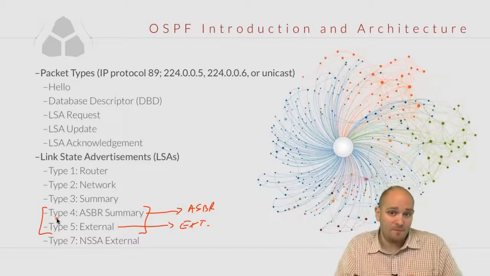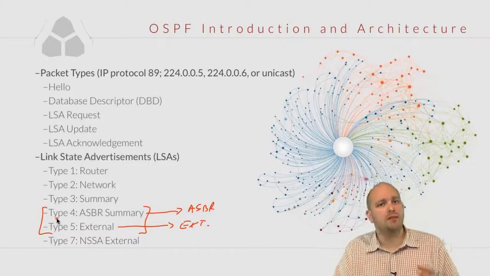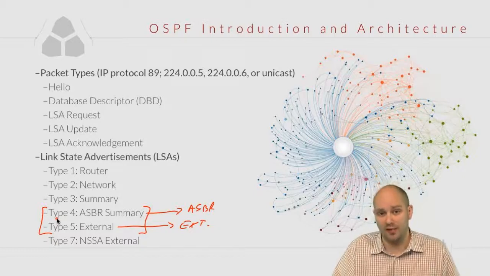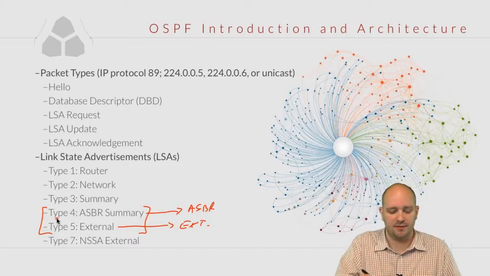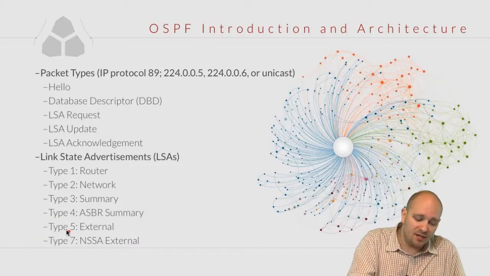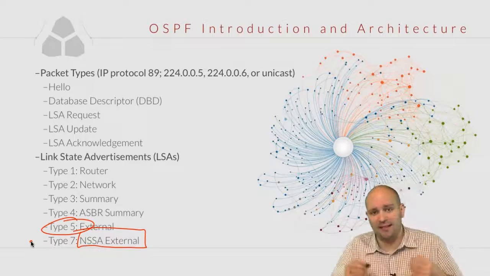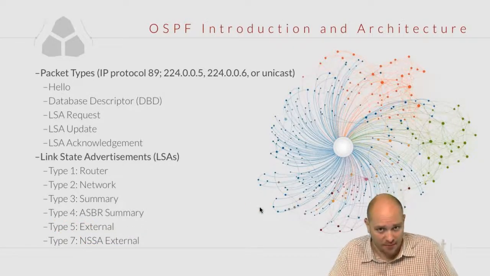I have to tell you that the Type 4 LSA is probably the most confusing LSA type for students who are not very experienced with OSPF, but don't be stressed, I will explain it in great detail. And Type 7 is very similar to Type 5, but in a special area type called the NSSA, or the not so stubby area.